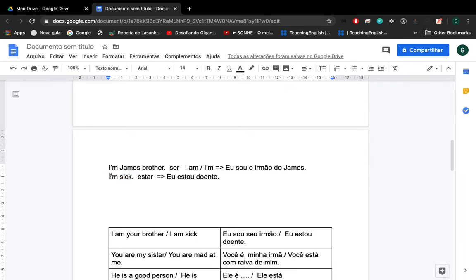And when we're talking about something that can change because it's temporary, or it's not an unchangeable condition, it's going to be estar. Okay? To be sick is a temporary condition.